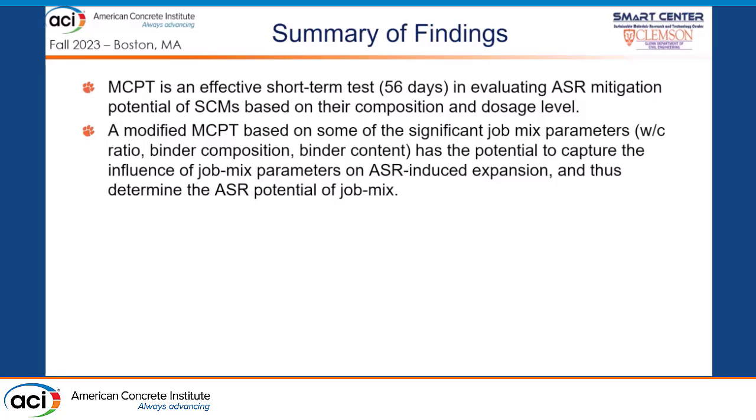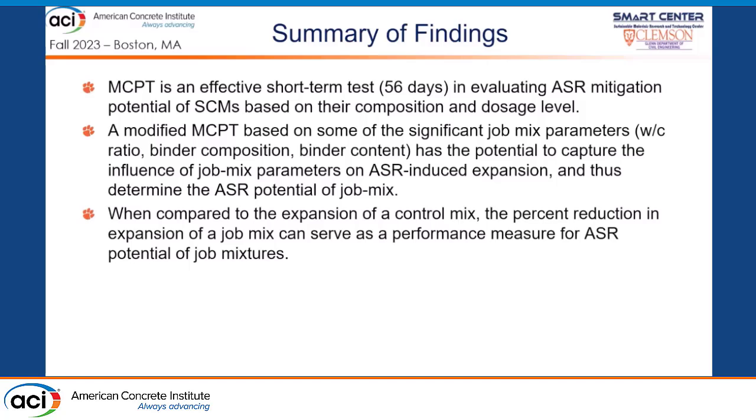That's our ultimate goal. And if you compare that job mix expansion to a control mix expansion, you can then figure out a percent reduction in expansion that can potentially serve as a performance measure for ASR potential of a job mixture or its mitigation.